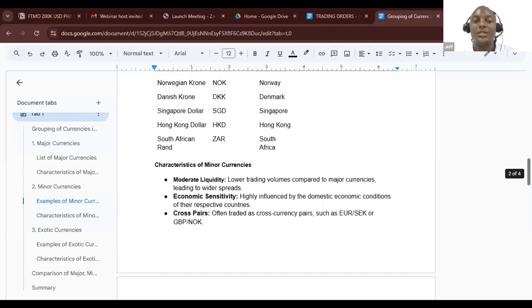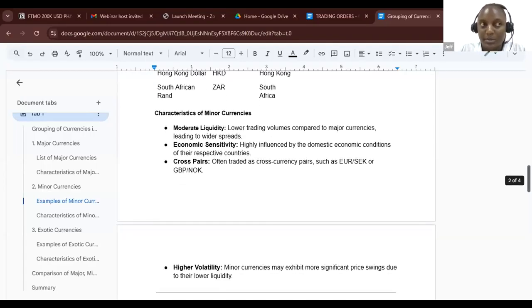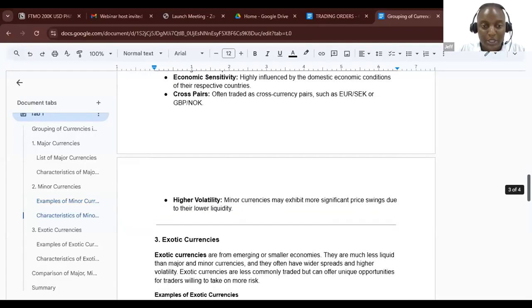I've seen the USD SGD, USD ZAR. Sometimes even the USD ruble, which is the Russian ruble, or the USD Turkish lira. So it is possible to trade them when they are paired to a major currency. Then you have higher volatility. Minor currencies may exhibit more significant price swings due to their lower liquidity, but they have higher volatility.